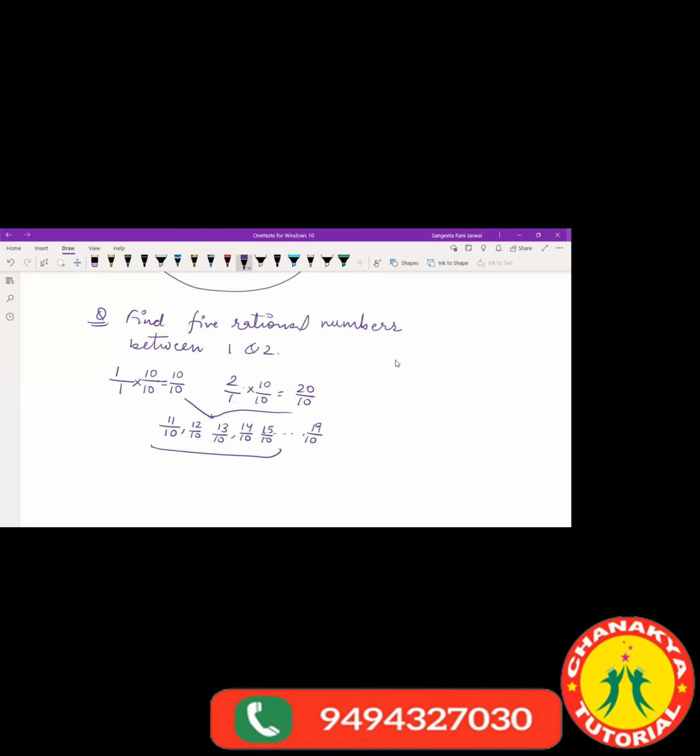Okay, understood this much? Now, suppose I'm asked to find more rational numbers, I can multiply this with 100 also. This becomes 100 by 100 and this side becomes 200 by 100.